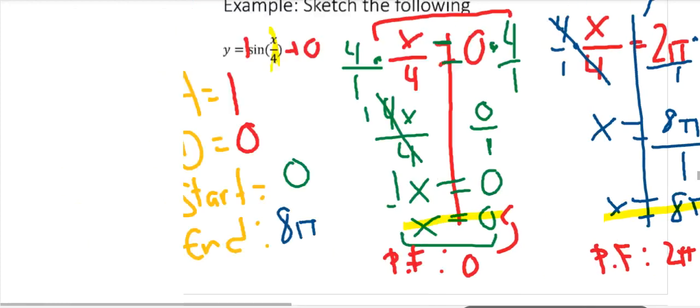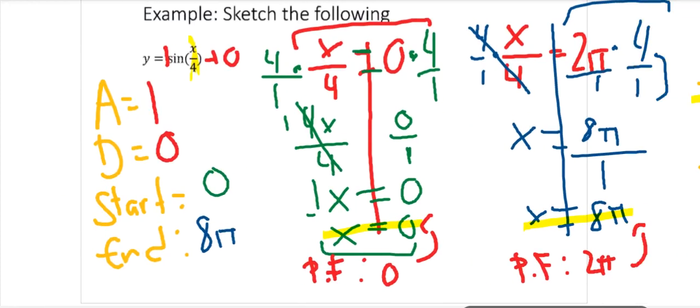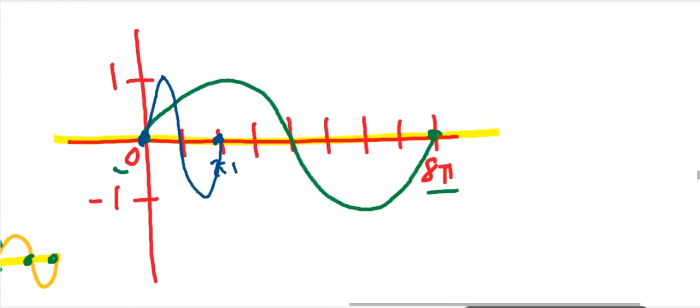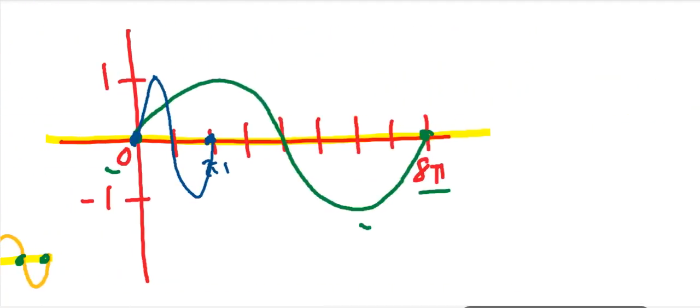Remember, this is why it's so important. I called this one Y, so I know not to use that same name for the blue one. For the blue one, let's call it G. So we know that G is the parent function, and we know that Y is the new function.